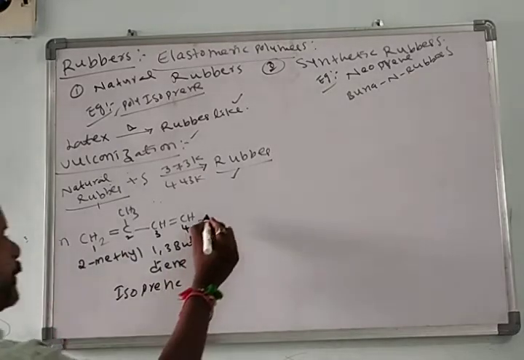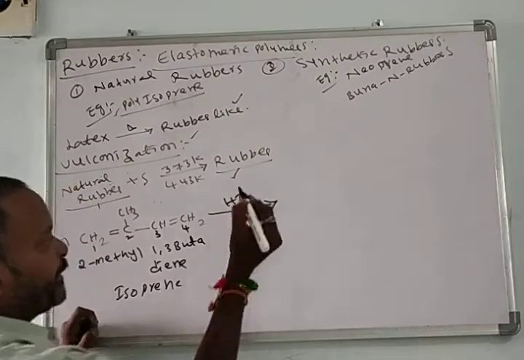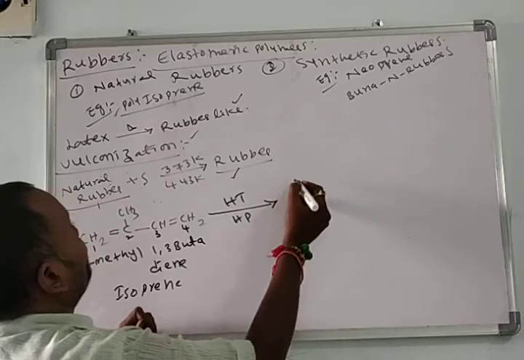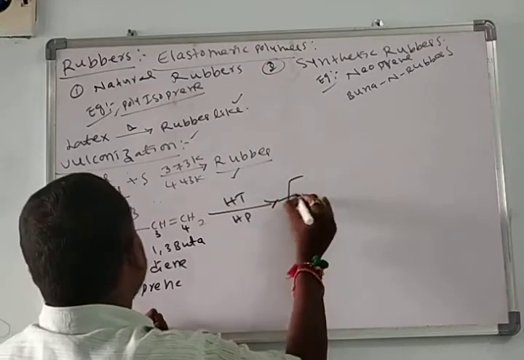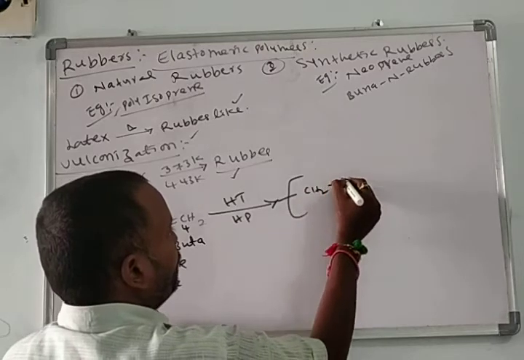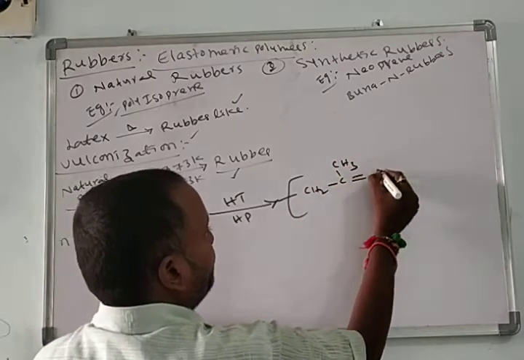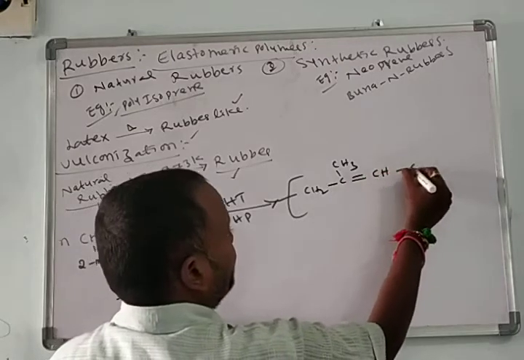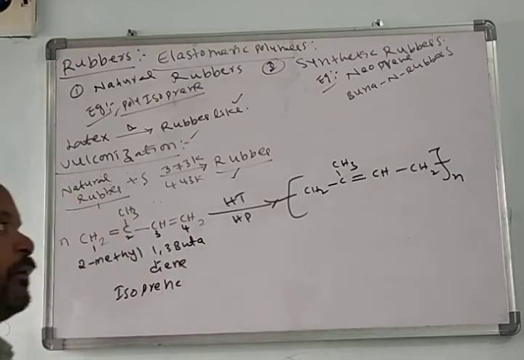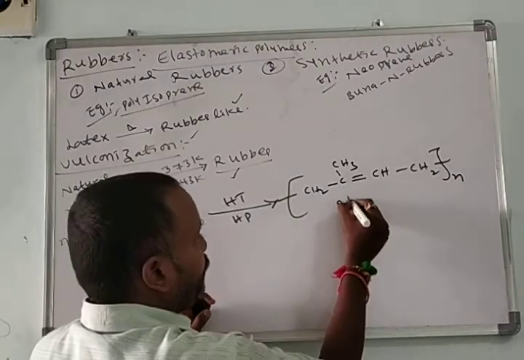Take a number of isoprene units and heat at high temperature and high pressure, and it forms polyisoprene. Polyisoprene means CH2, CH3 double bond, and CH2, taken n times. This is the structure of polyisoprene.